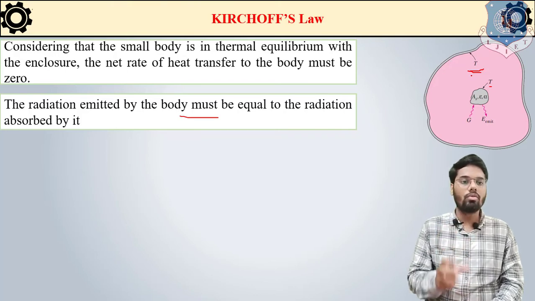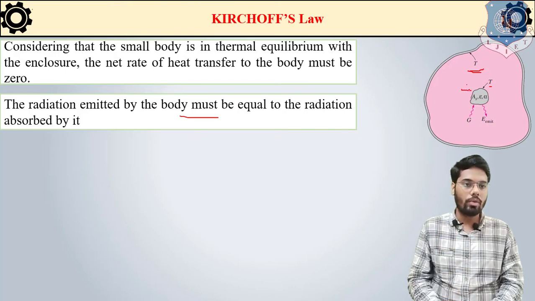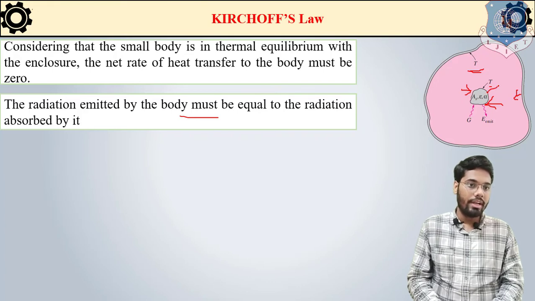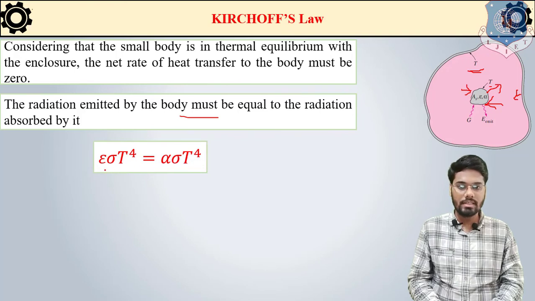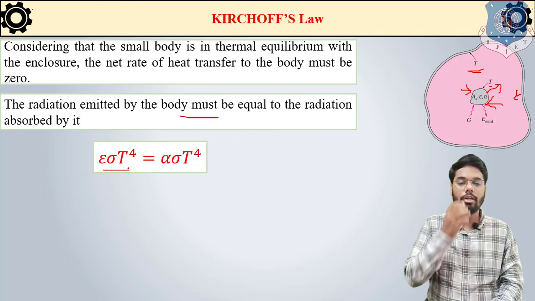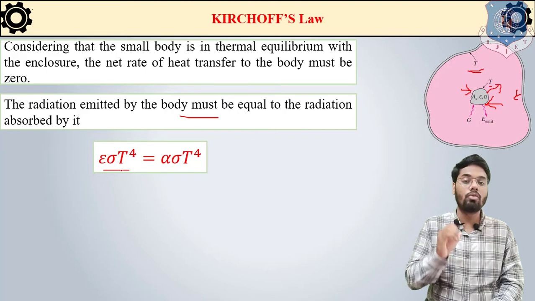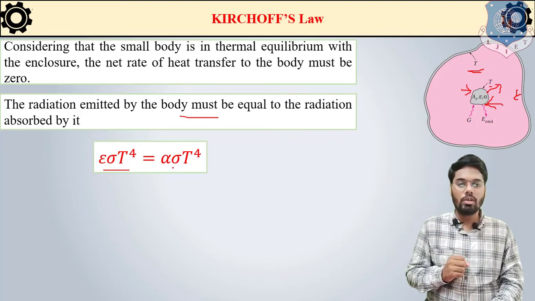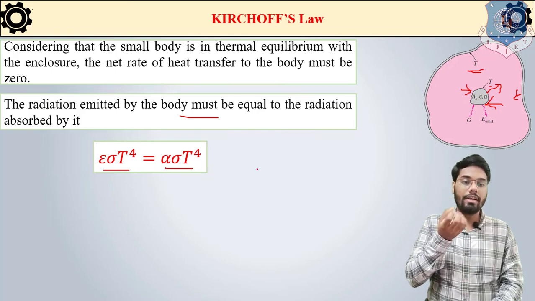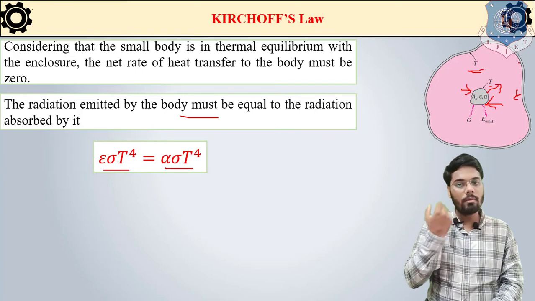So the amount of radiation absorbed by this body from the black body is equal to the radiation emitted by this body. We can write epsilon into sigma into T raised to 4, which represents the radiation emitted by this small body, is equal to alpha into sigma into T raised to 4, which is the radiation absorbed by this body from the black body.